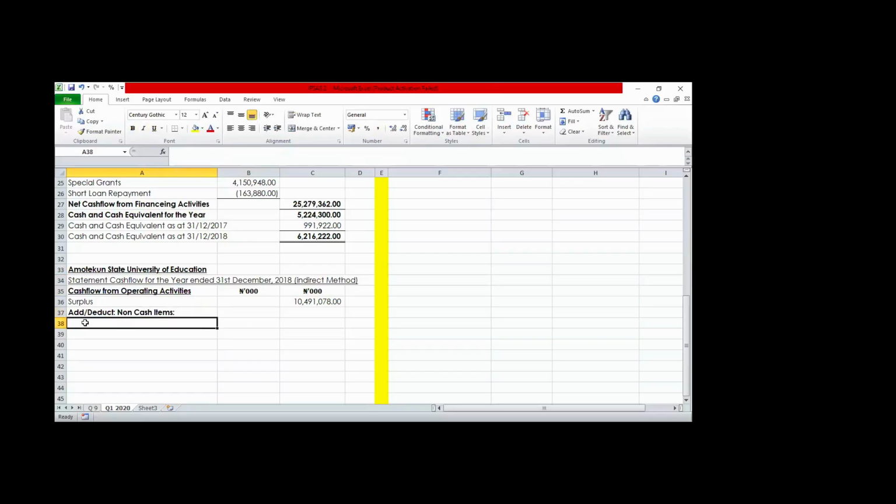Now, what are the items that are meant to appear here? Non-cash items. Anything that has to do with depreciation for the year, profit on asset disposal, loss on asset disposal. Now, if you look at what we have, do we have anything like depreciation as this question is concerned?